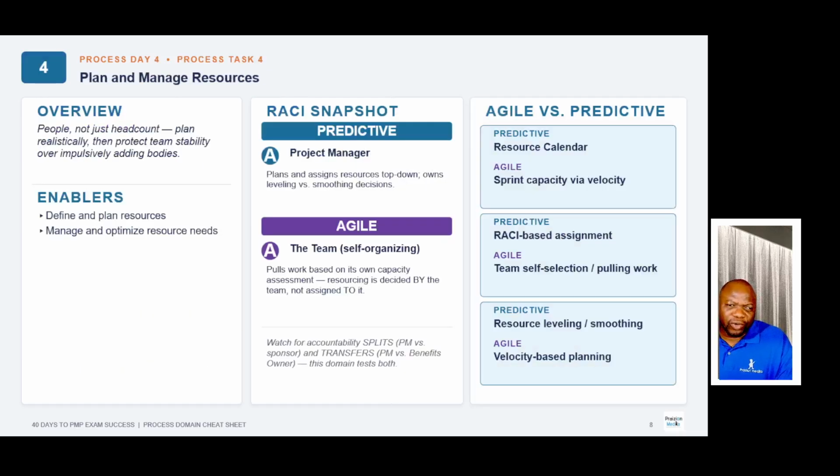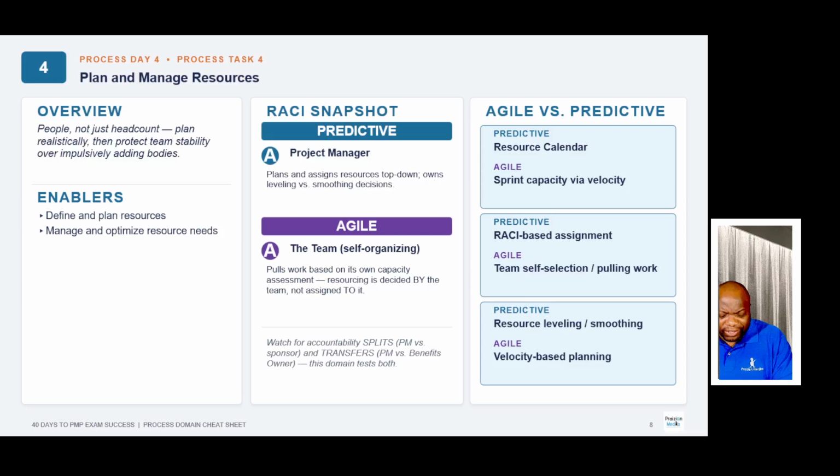Day number 4, going into plan and managing resources, understanding the resource calendar, RACI, team self selection, pulling work to yourself in the world of Agile. When we talk about hybridizing these two ideas, you got to be able to fluidly move between Agile and predictive when it comes to planning and managing resources.